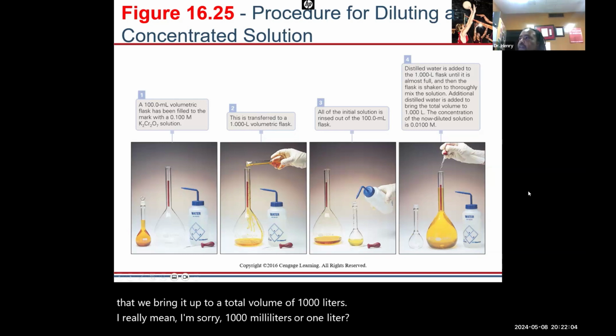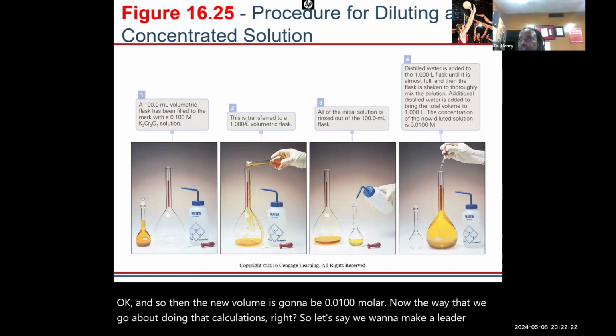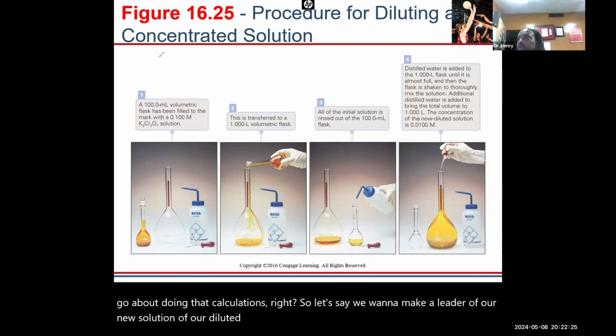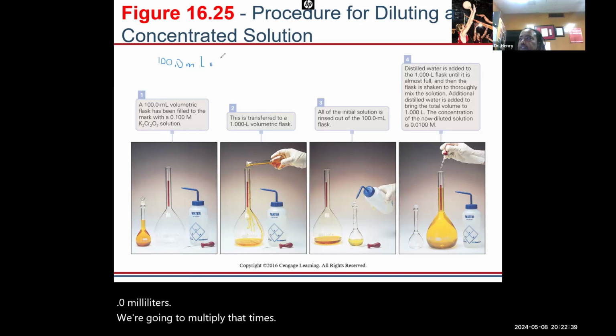Okay. And so then the new concentration is going to be 0.0100 molar. Now, the way that we go about doing that calculation, let's say we want to make a liter of our diluted solution. We're going to start off with 100.0 milliliters, multiplied by 0.100 molar, which is our initial concentration.